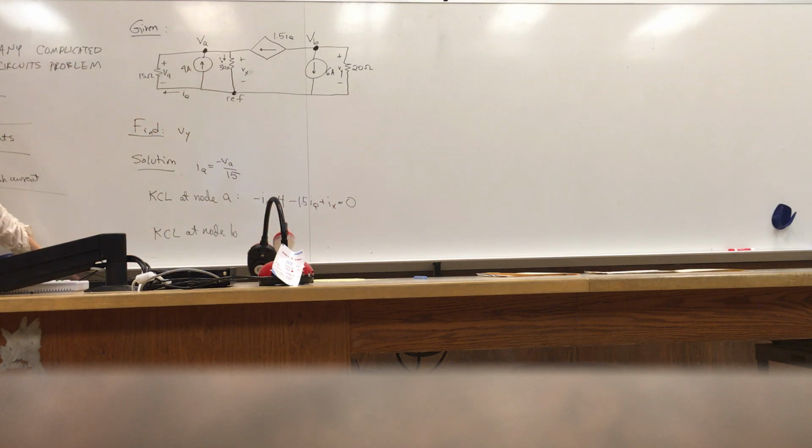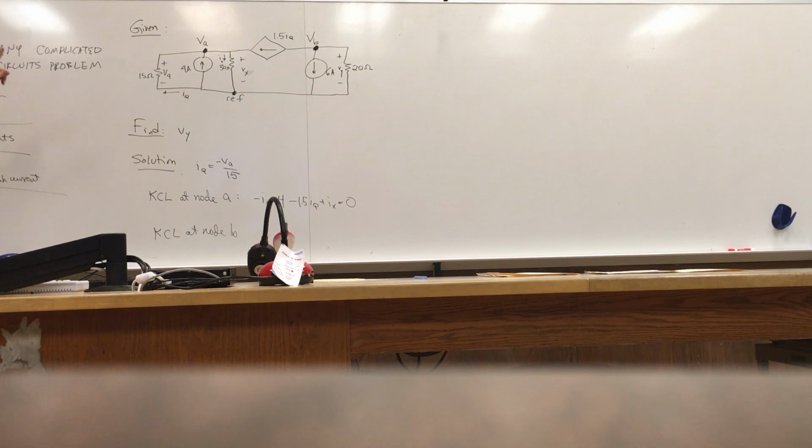I'm not real happy with it because what you want in these equations, by the way, what node voltage analysis will do is it will give you a set of n equations in n unknowns. In this case, I've got 2 nodes, and so I want 2 equations.